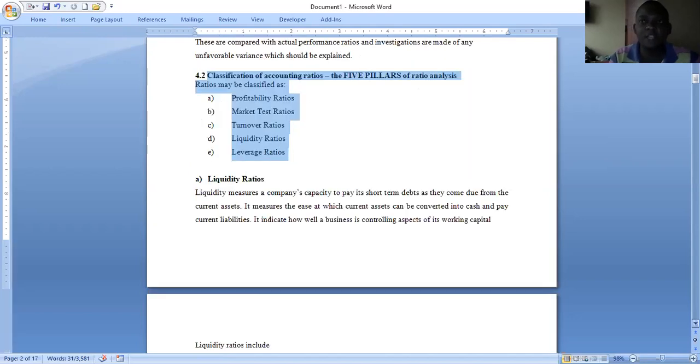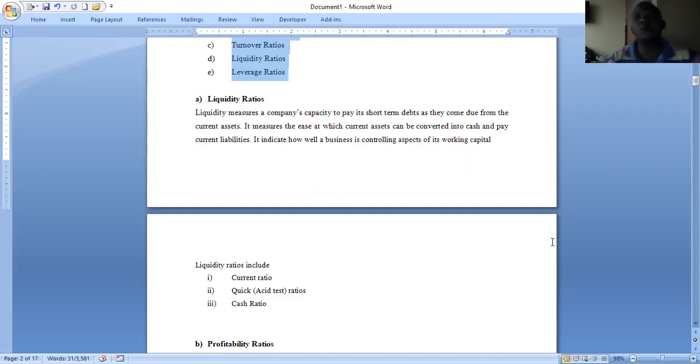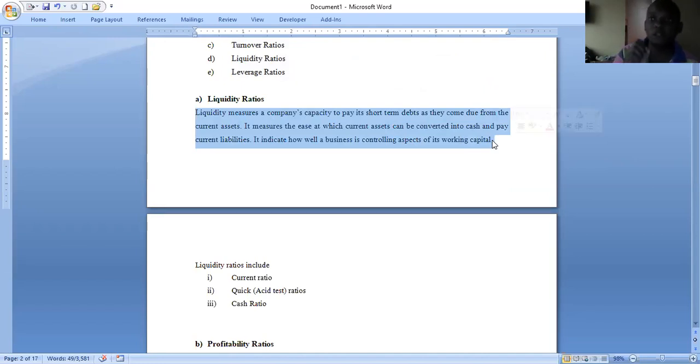The first classification of ratios is liquidity ratios. Liquidity ratios measure the liquidity of a business. They measure the capacity of a business to pay its short-term debts as and when they fall due.